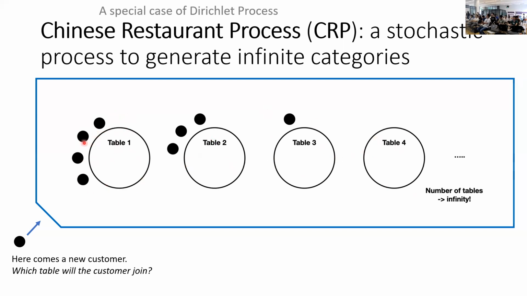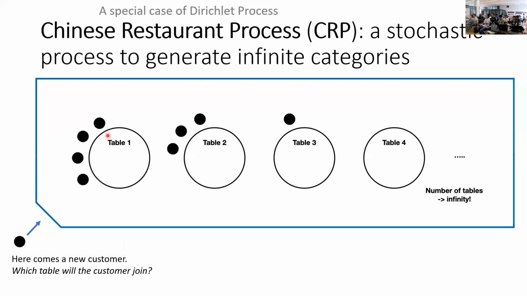So the problem here is, table 1 has 4 customers, table 2 has 3 customers, table 3 has 1 customer, and the other tables have no customers. And here comes a new customer. Which table will the customer join? I know if it's me, I will choose an empty table. But this is not the analogy we would like to imply.